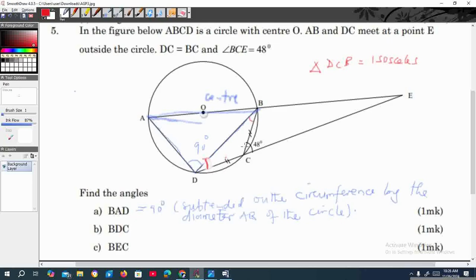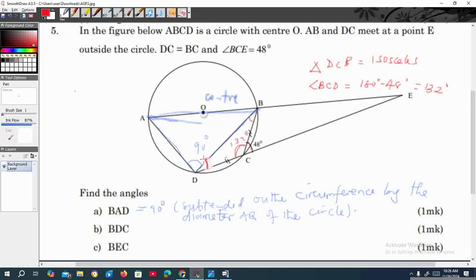And we can get this angle because this angle and this other angle are angles on a straight line. So angle BCD is given as 180. Angles on a straight line add up to 180. You subtract 48, and this will give us 132 degrees. So this angle here will be 132 degrees.